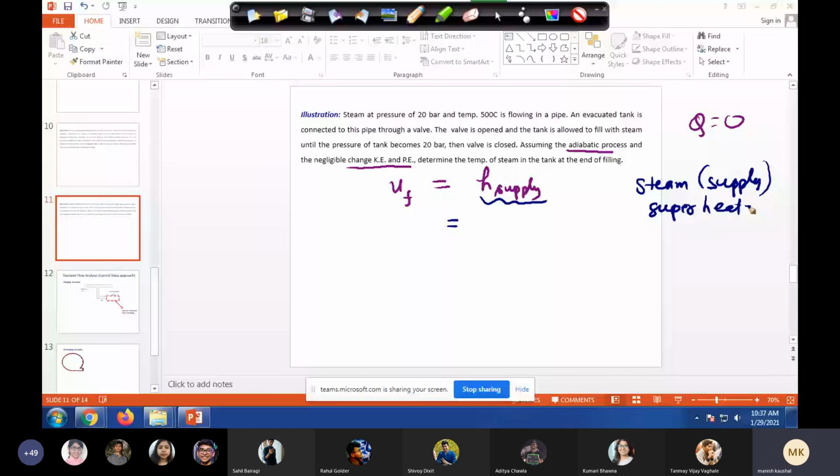At 20 bar, 500 degrees Celsius, we have the enthalpy H, it is 3689.2, right? If anyone is checking.